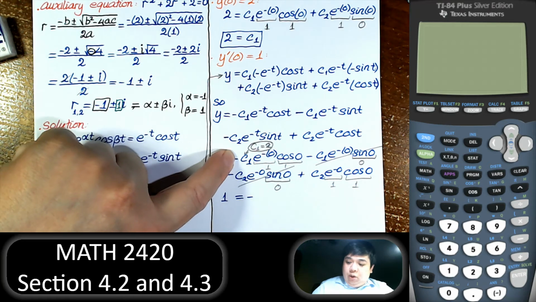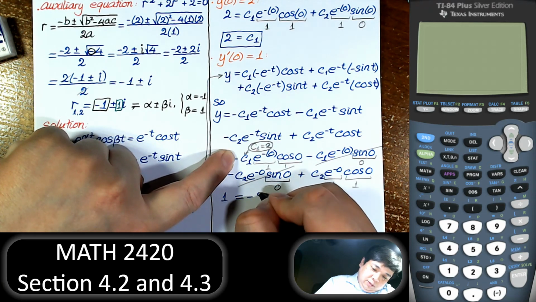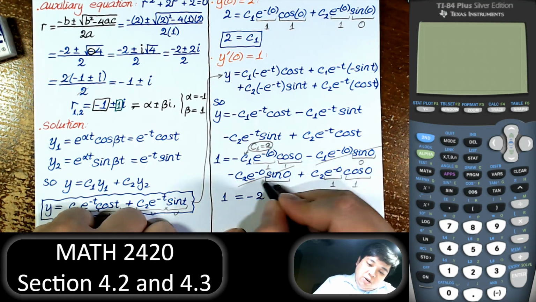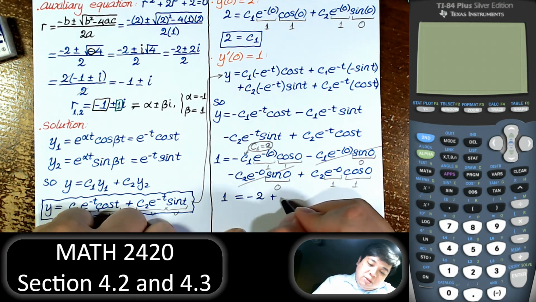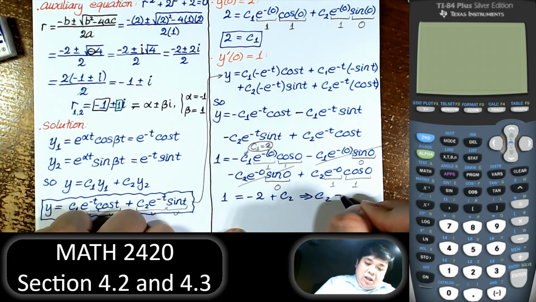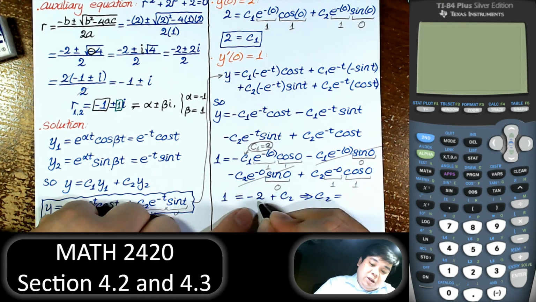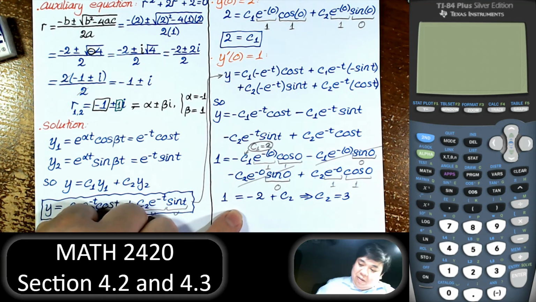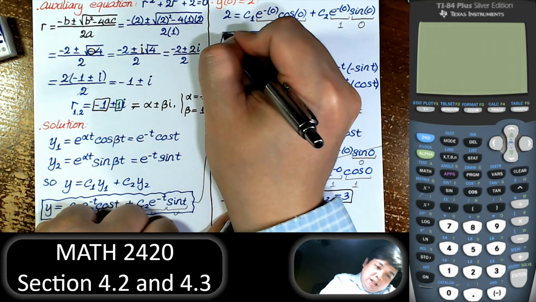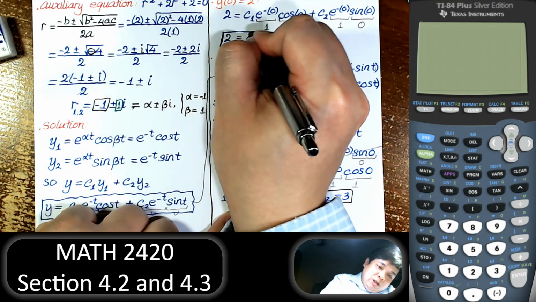Put in 2 for c1, times 1 times 1, so that's just negative 2, plus c2 times 1, so that's just c2. From here, c2 must be equal to 3. So c2 is 3, and c1 is 2.